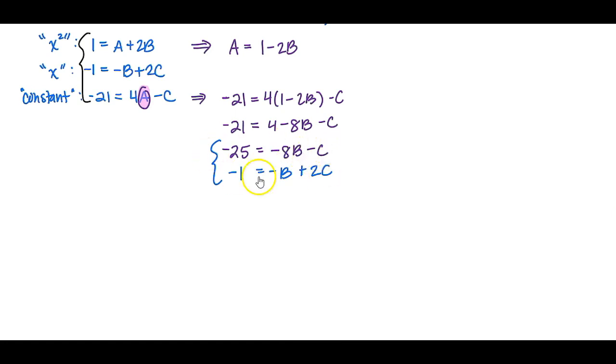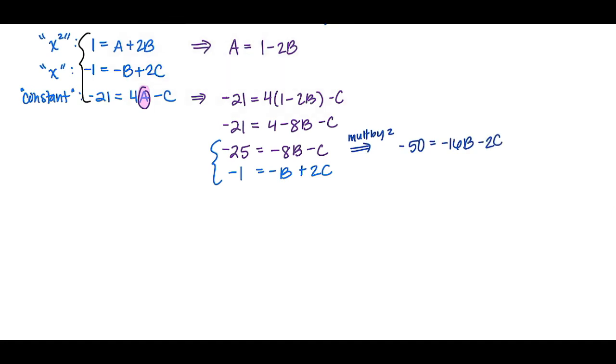So now to solve this system of equations, I'm going to multiply the top equation by a positive 2 to cancel out this c right here, plus 2c. This will be a minus 2c if I multiply that top by a positive 2. So here I'm going to multiply by a positive 2. I'll get -50 equals -16b minus 2c.